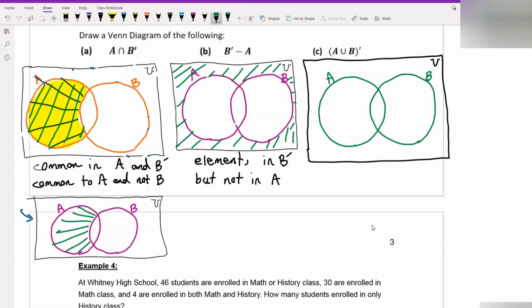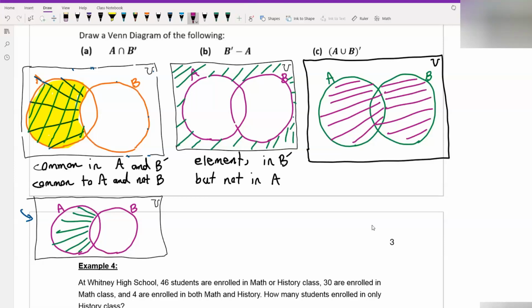Next one is A union B, and we have to find the complement of that part. A union B means we have all these members. So we have to combine all the members that we have in two sets.